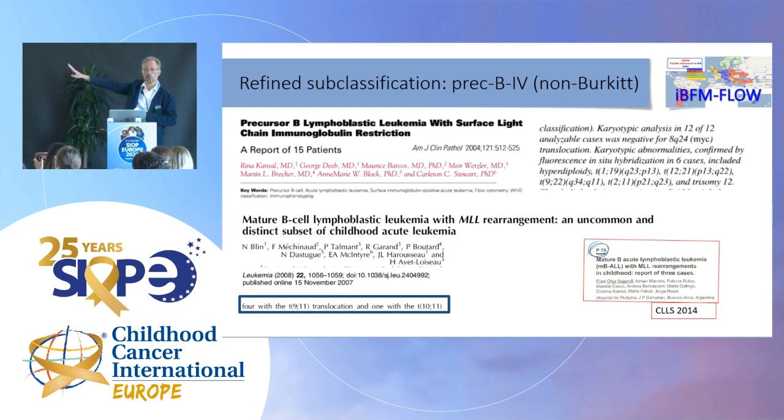There exists non-Burkitt B4. Again, especially, they may have surface immunoglobulins on the surface. Again, there are the people from Argentina, I already cited them once today, who also found that there are MLL rearrangements in such cells.